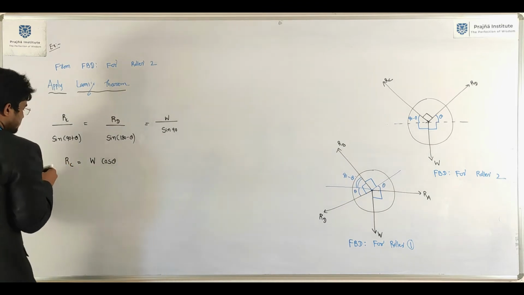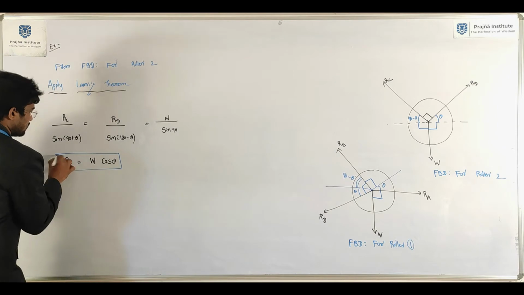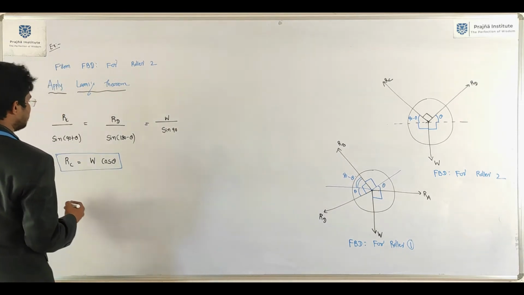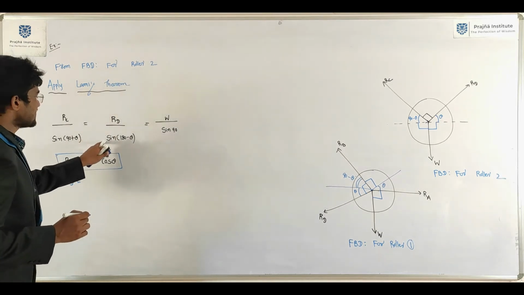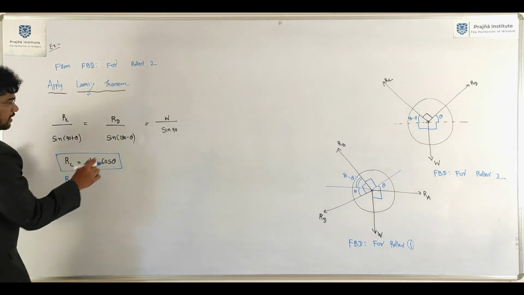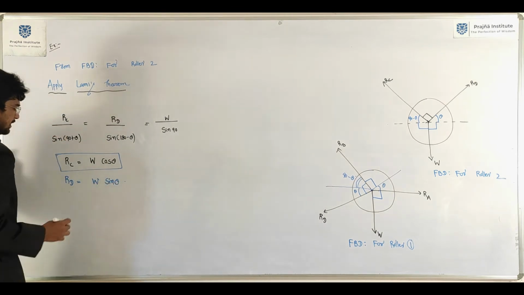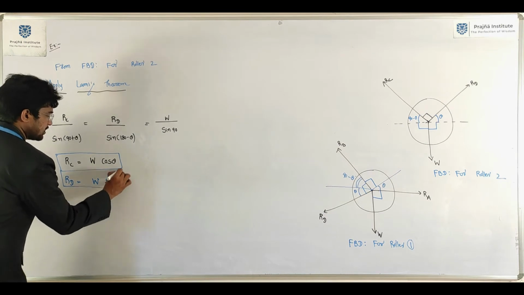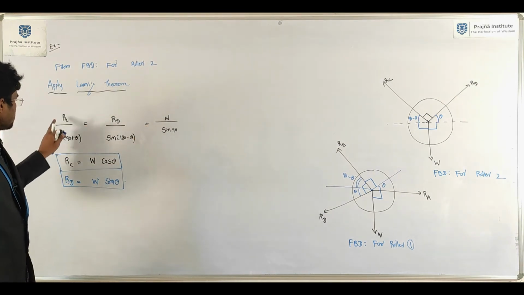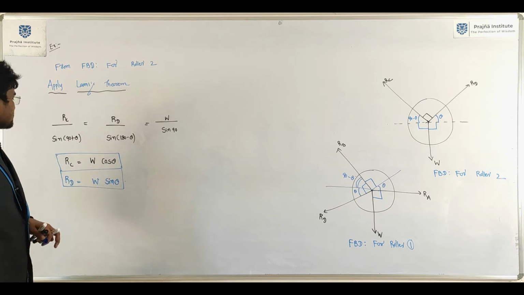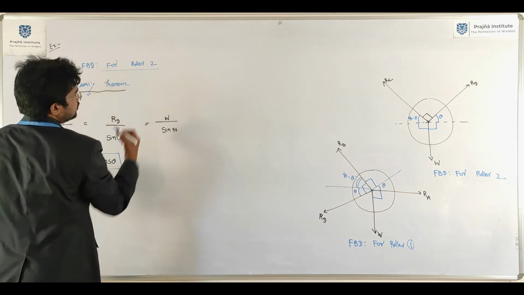This is the reaction at contact point C. Then RD equals W sin 180 minus theta, which is sin theta, so RD equals W sin theta. RC is equal to W cos theta. That's it, the free body diagram for roller 2.